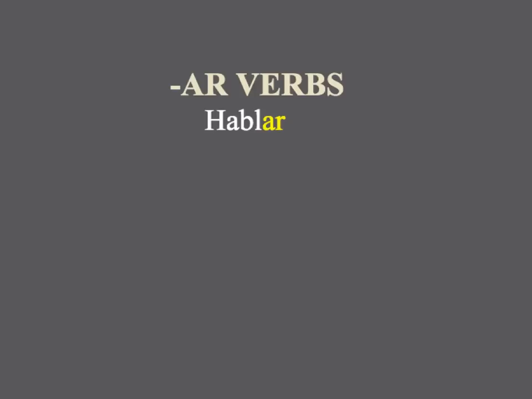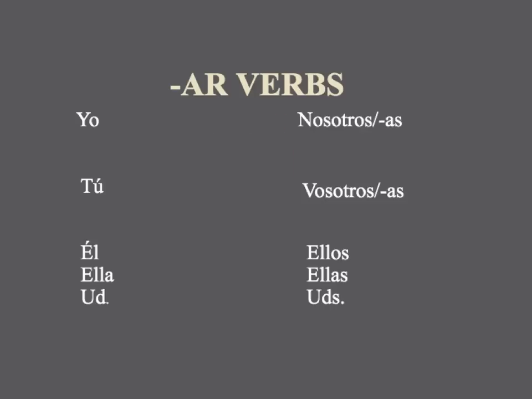So now let's check out what the rules actually are for AR verb conjugations. The first thing we do when we conjugate a verb is we take off the ending. In this case, it's going to be the AR part of hablar. We remove it, and then we're going to add on the following endings based on who is doing the action.